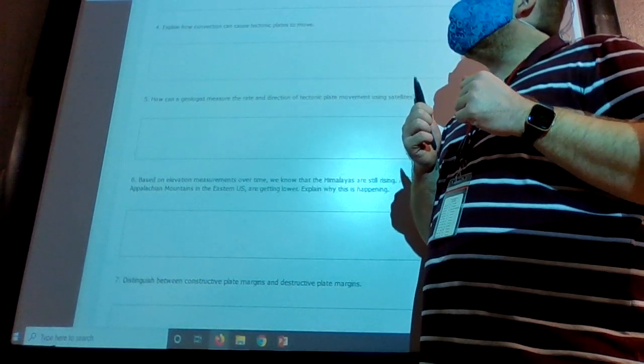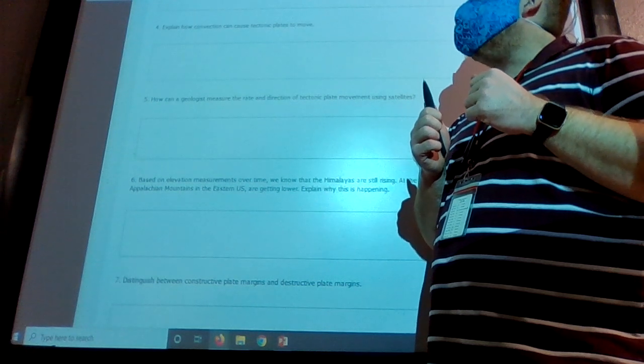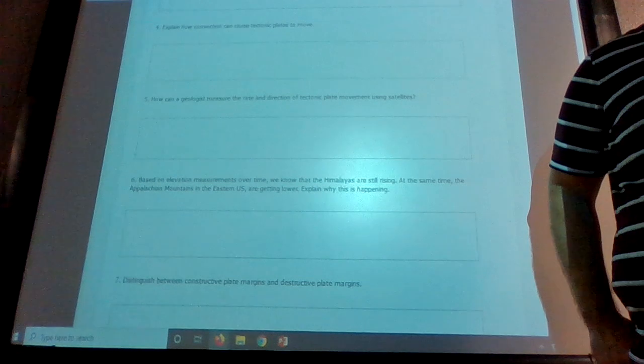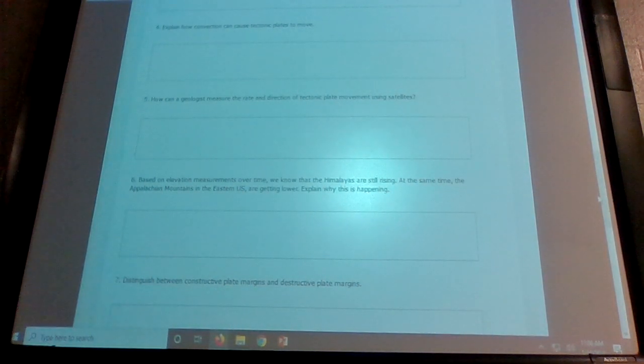Explain how convection can cause tectonic plates to move. Okay, how do I say this? So what is convection? Yeah, it's heat. And what happens to heat?